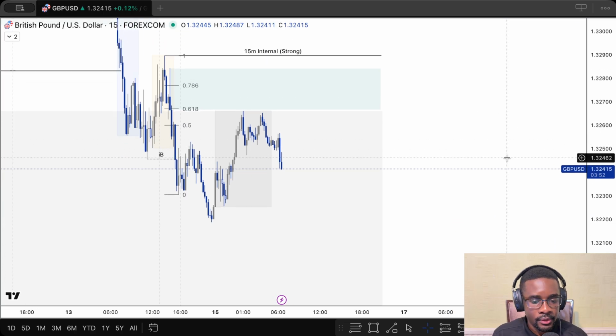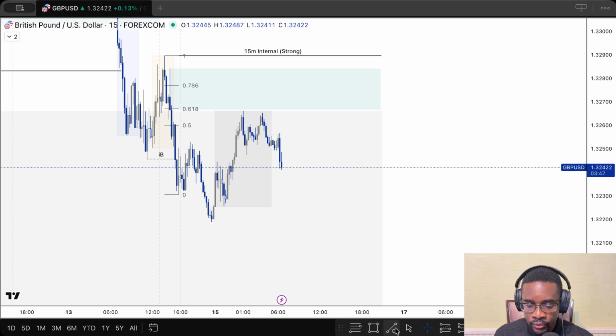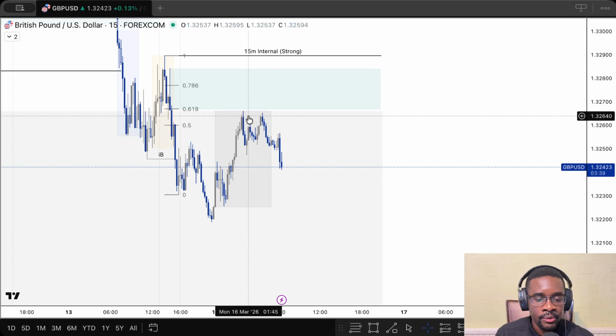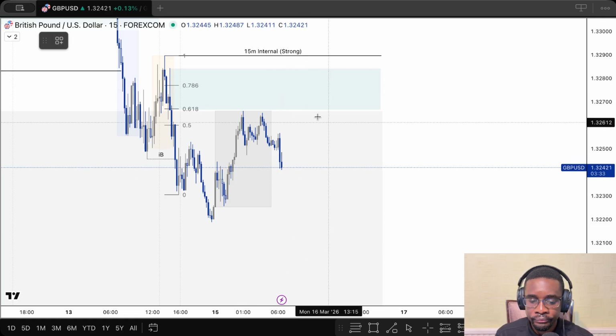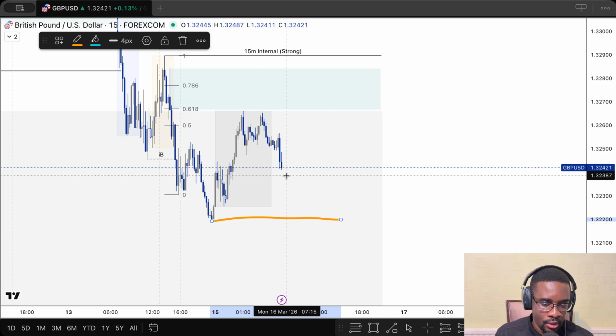For the pound, doesn't look like. Okay, so for the pound, definitely price could be coming for this weak low. Okay, however, we do have these relatively equal highs. So price could come back and at least mitigate. So the expectation is this is a weak low.